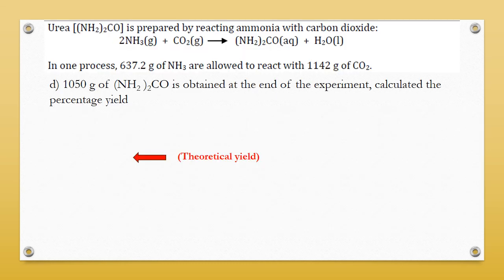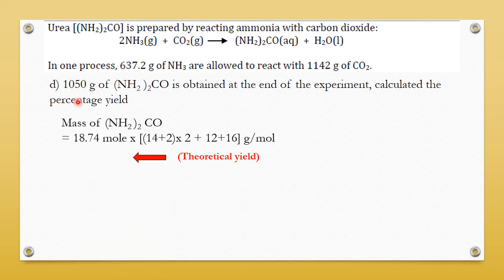Now, let's look at the calculation. For question D, if 1050 gram of urea is obtained at the end of the experiment, calculate the percentage yield. So we have calculated just now, from part B, the mass of urea is 1124.4 gram.